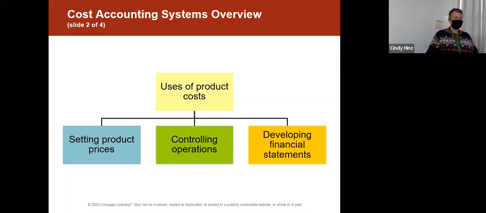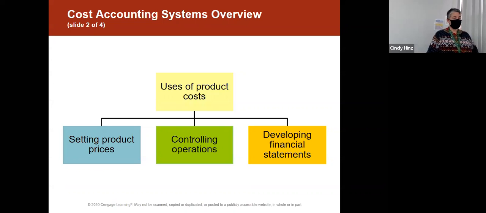We have a whole chapter coming up on setting product cost standards. And why do we do that? Because we need something to know if we're doing a good job, right? We need a standard to use for comparison. In that upcoming chapter, we'll be setting standards and then comparing our actual results to those standards. Those standards are like a goal or a budget that we set, and then we see how we did.